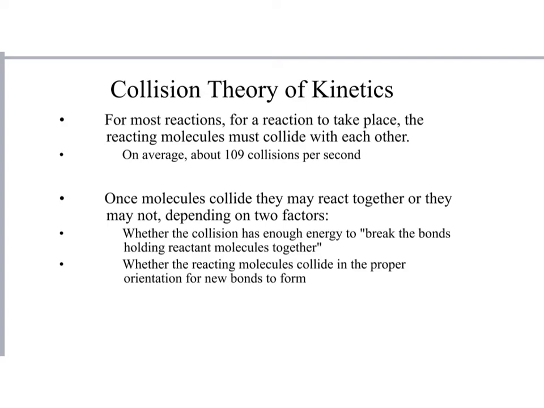When they collide, they may react or they may not. And that's going to depend on a couple of things: whether the collision has enough energy to break bonds, or whether the reacting molecules collide in the appropriate orientation to form the new bonds. And so collision theory brings all this together.